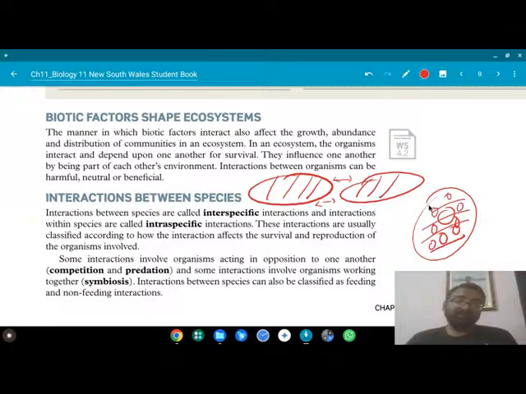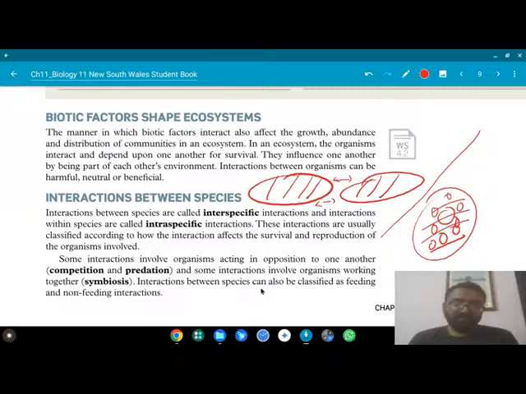So there are two types: one is inter, another is intra. Some interactions involve organisms acting in opposition to one another, that is competition and predation. Competition is within, predation is between. And some interactions involve organisms working together, which is symbiosis.